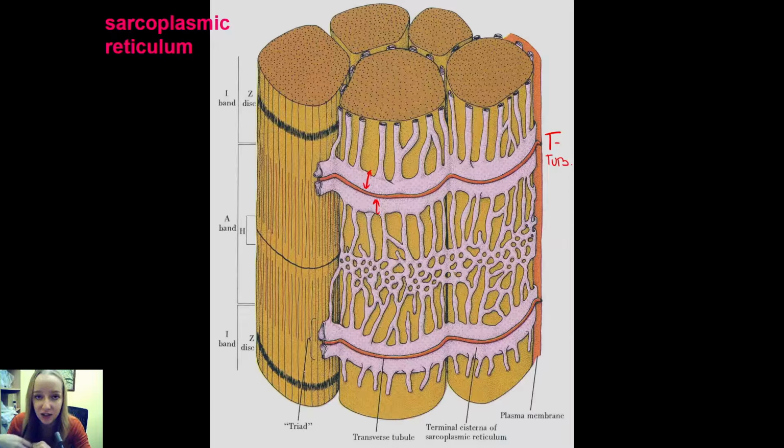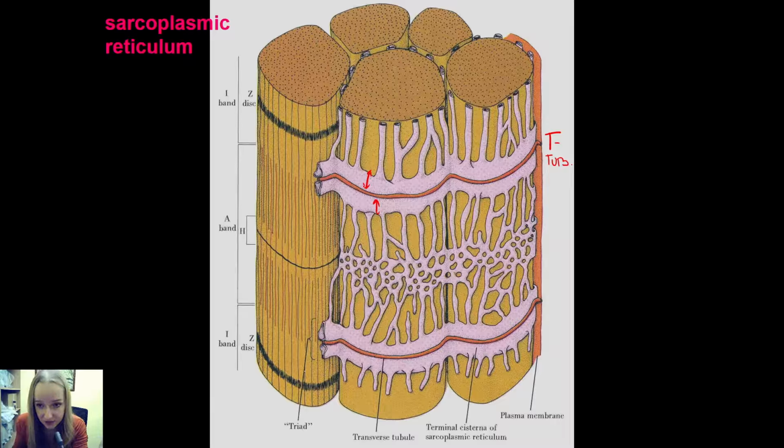These deep invaginations are going between the myofibrils to the center of the muscle fiber. And the smooth endoplasmic reticulum is creating these terminal cisternae that are around these deep invaginations of the sarcolemma.